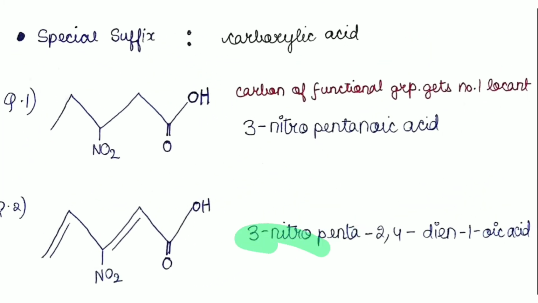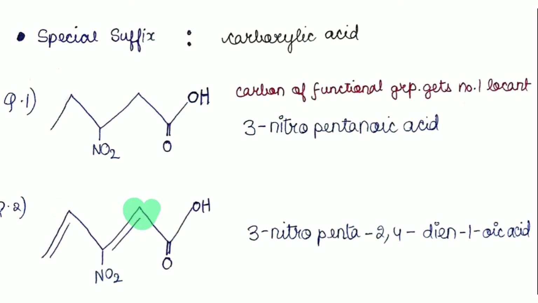3-nitro, for the nitro group is at the 3rd carbon from the carbon of the carboxylic acid. Then penta, pent is the word root for the 5 carbon chain. Then 2,4-diene. At the 2nd and the 4th carbon, we're getting the diene or the unsaturation. Therefore 2 unsaturated double bonds are there, therefore we're calling it diene.